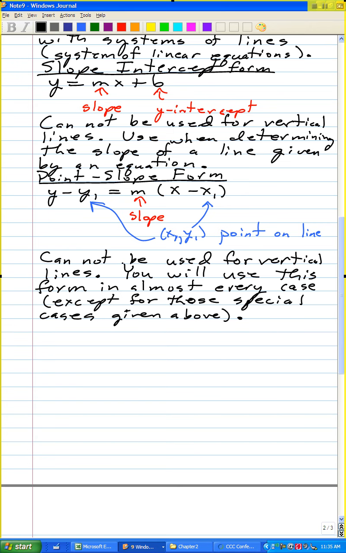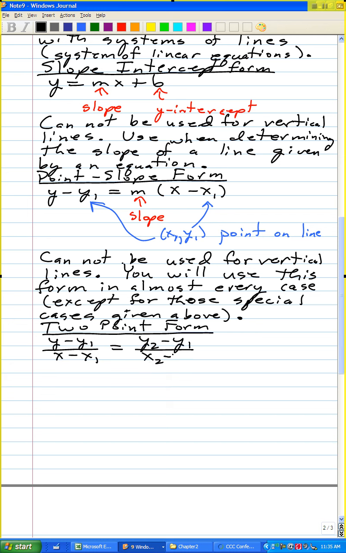Okay, so next, the two-point form. The two-point form for the equation of a line is just (y minus y1) over (x minus x1) equaling (y2 minus y1) over (x2 minus x1).